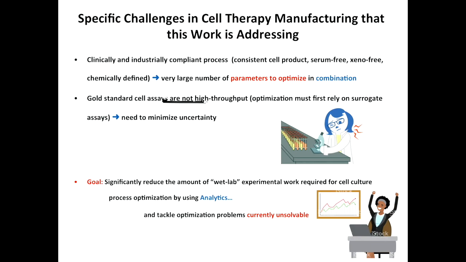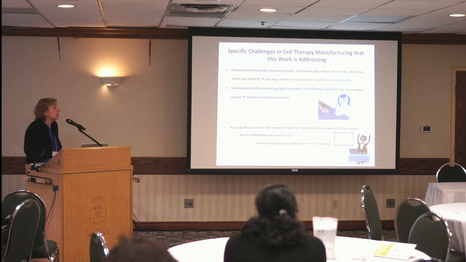The specific challenges in cell manufacturing that the work I will present today is addressing are indicated here. There's a requirement in cell manufacturing for a clinically and industrially compliant process. So we need a consistent cell product, serum-free, xeno-free, chemically defined.